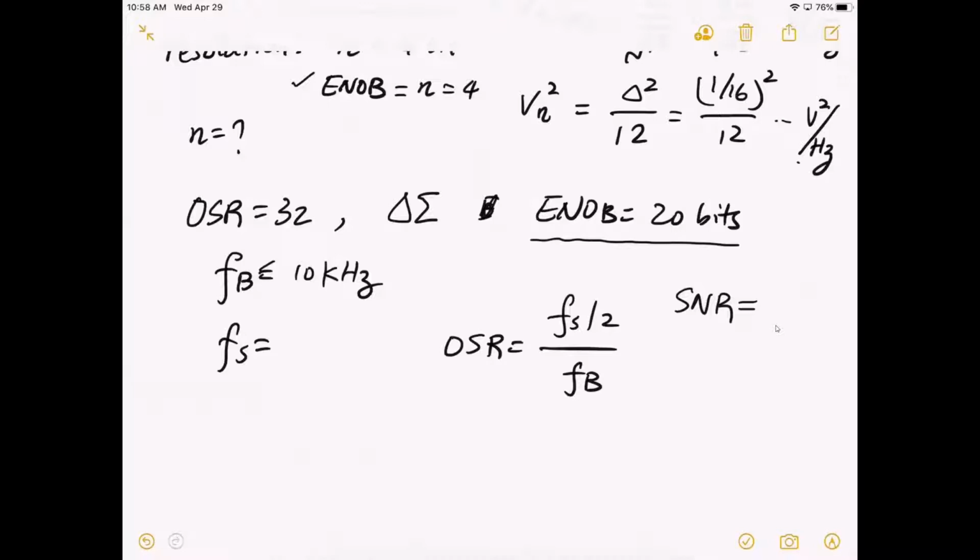And then this is usually multiplied by the OSR as well. Or is our signal to noise ratio just again our 6.02 log 2 multiplied by the OSR?